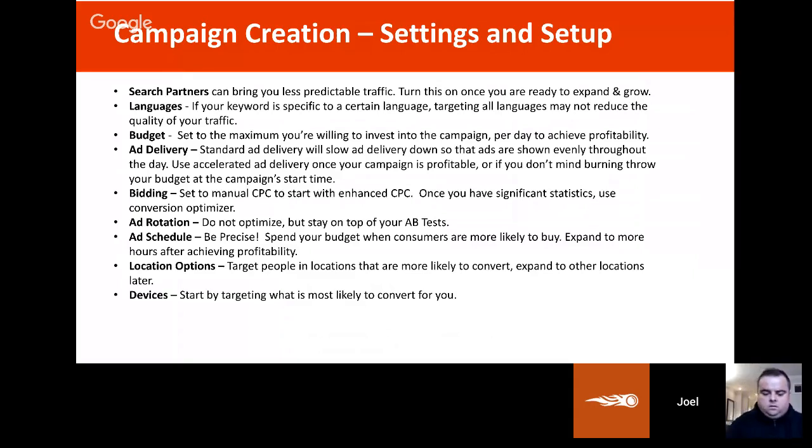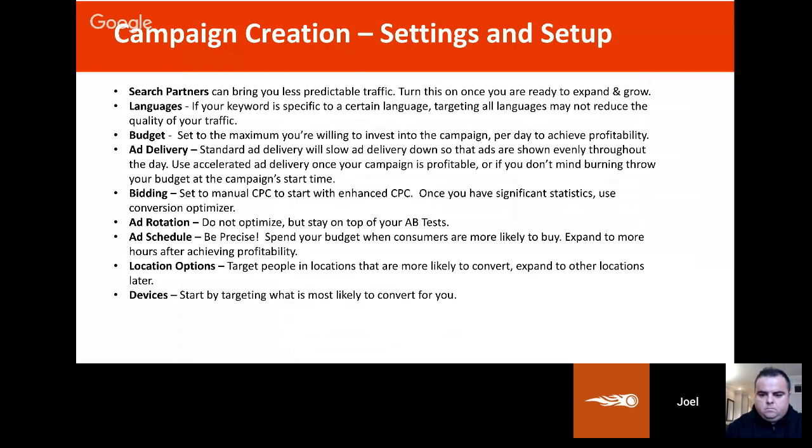You're going to want to set ad delivery on standard unless you want to advertise very aggressively in certain hours that you schedule. You'll want to set it to accelerated ad delivery once you're profitable because you want to get every possible ad impression you can. As far as bidding settings go, set it to manual CPC to start with enhanced CPC. Once you have significant statistics, you can then turn on conversion optimizer.